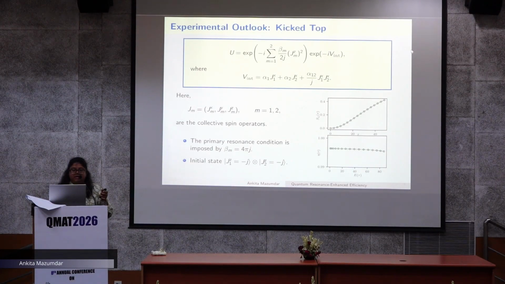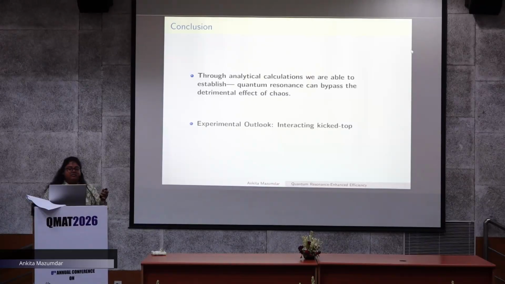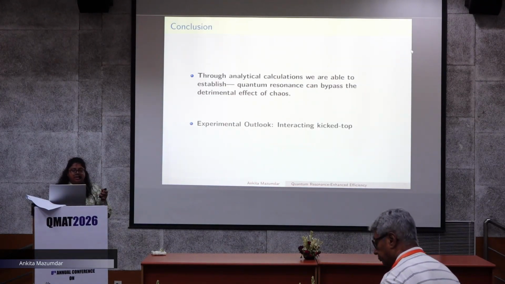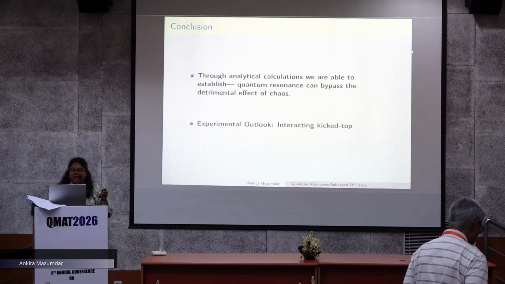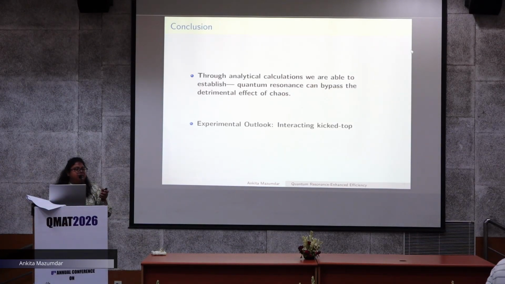Here also entanglement grows superlinearly with time, but the efficiency we get is close to 1. Now, the conclusion: I want to say that resonance can bypass the effect of chaos, and through analytical expressions we have established this. And we have provided some interacting kicked tops to show the experimental outlook.